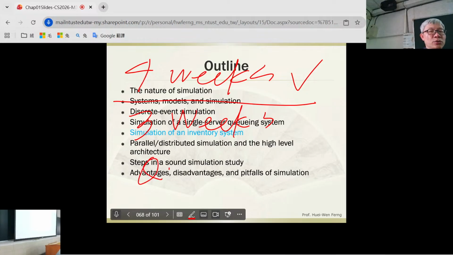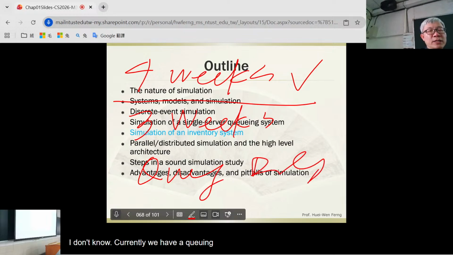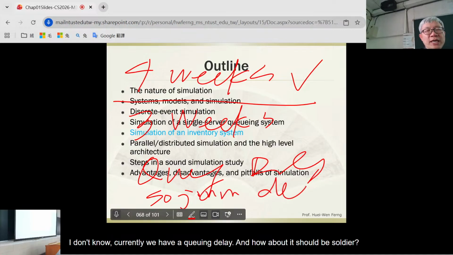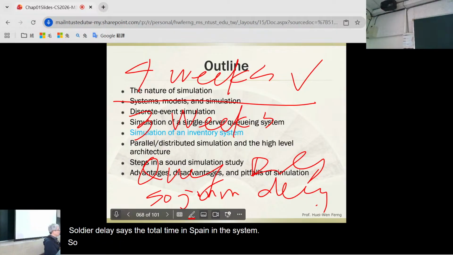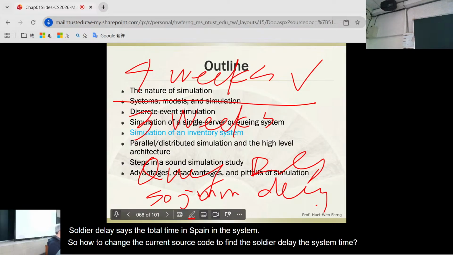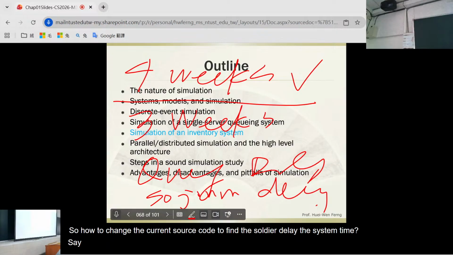Currently, we have a queuing delay. And how about the sojourn delay? Sojourn delay says the total time spent in the system. So how to change the current source code to find the sojourn delay or the system time? System time includes the waiting in the queue and the time spent in the server.